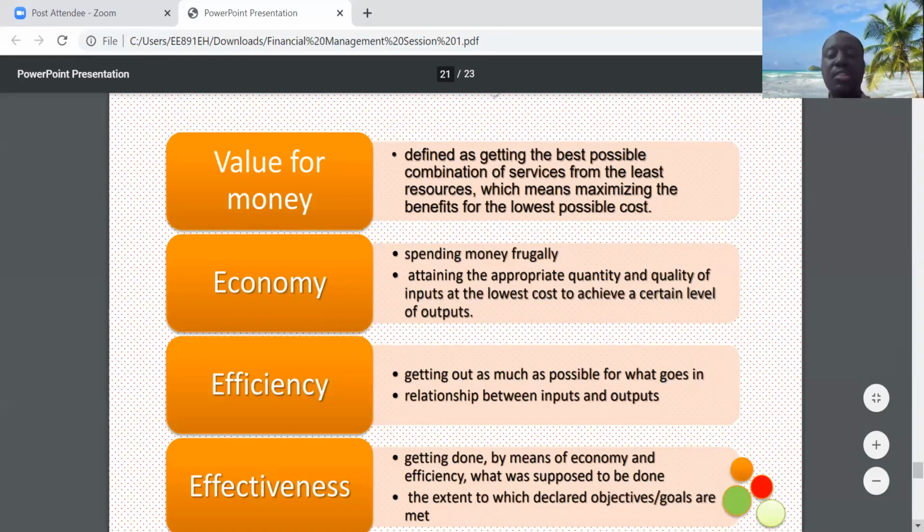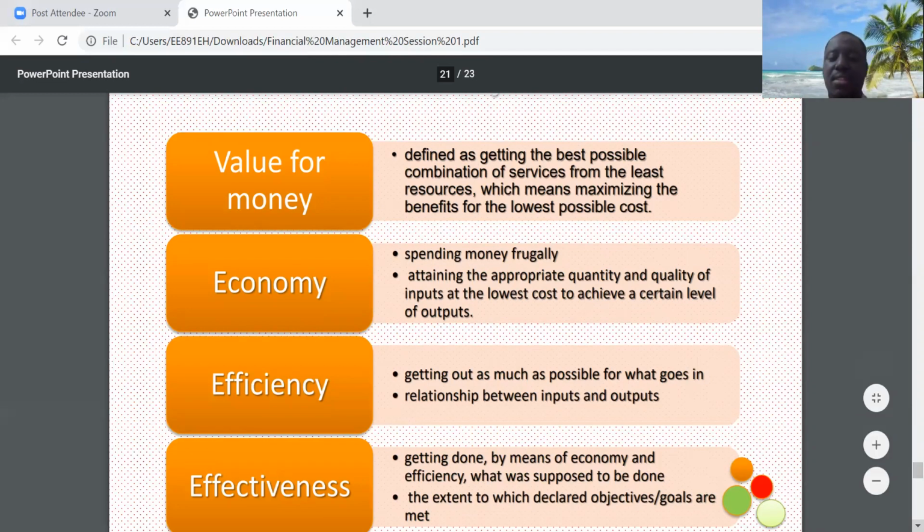Then you also have efficiency. Efficiency is getting out as much as possible for what you put in. So it's basically the relationship between inputs and outputs. I'll show you a simple trick to remember all of this.